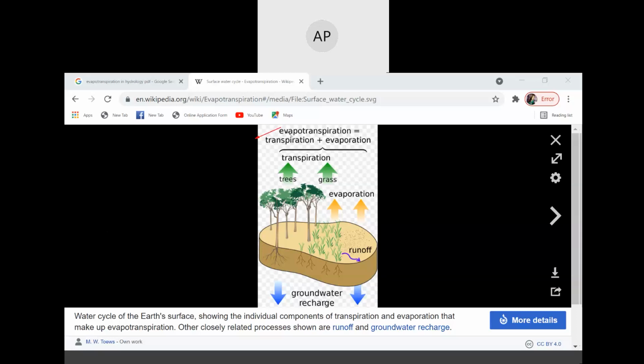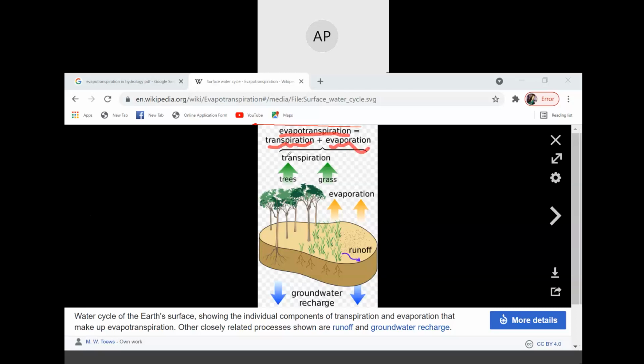Evapotranspiration is collectively known as transpiration and evaporation; it is formed together by transpiration and evaporation.